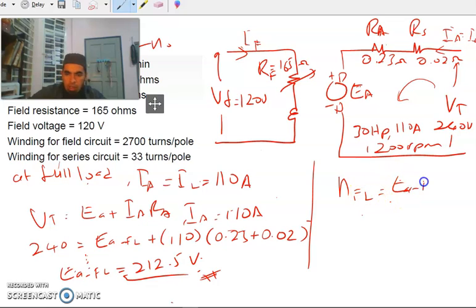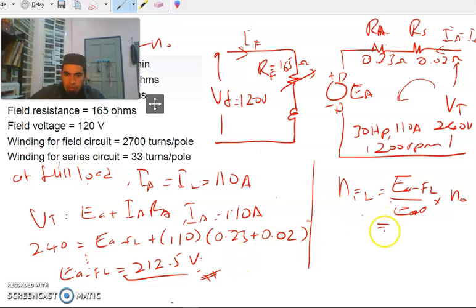So speed at full load is equal to EA full load divided by EA naught times speed at N naught.